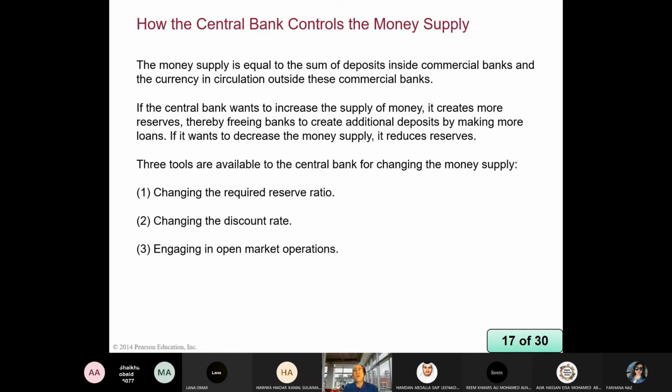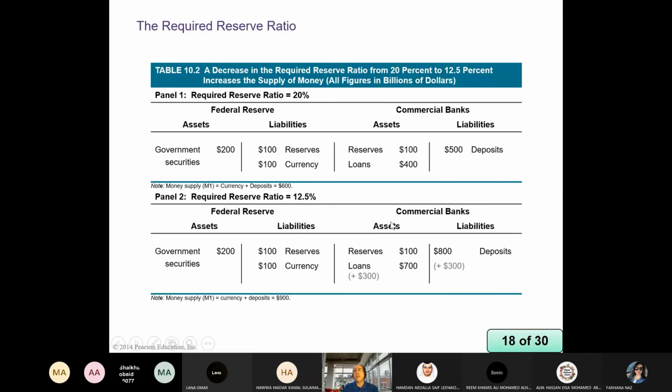For example, during the coronavirus pandemic, there is a recession. What should the central bank do to increase the quantity of money supplied? The answer is to change one or two or three of these three tools. And we will see how the change in each one will affect the quantity of money supplied. So I need you to understand the conclusion.